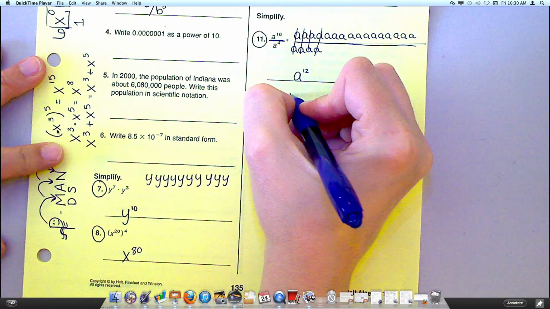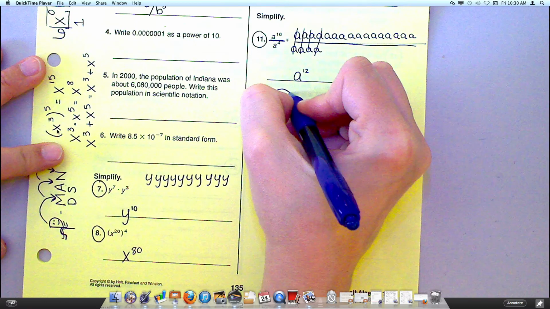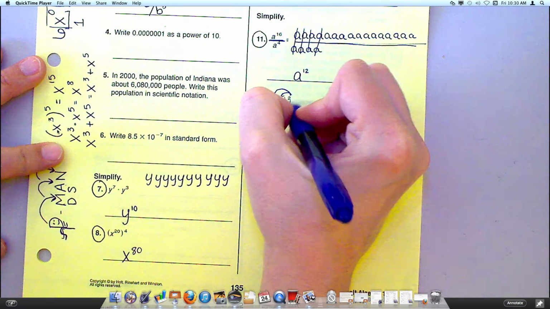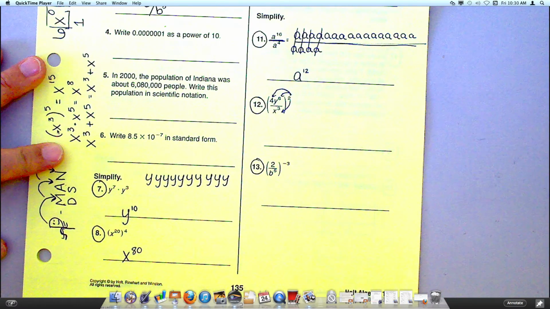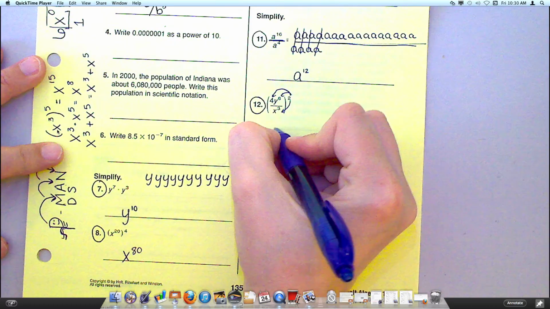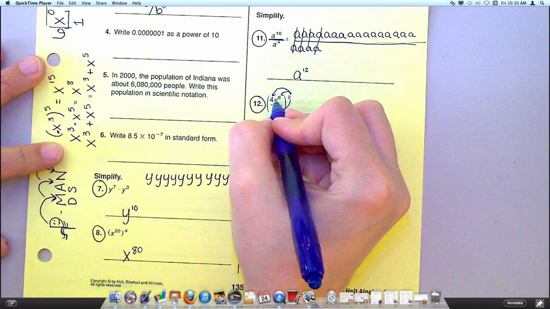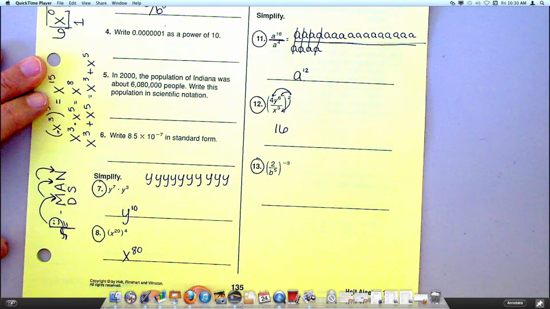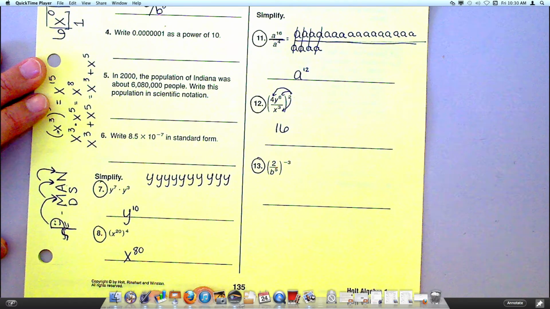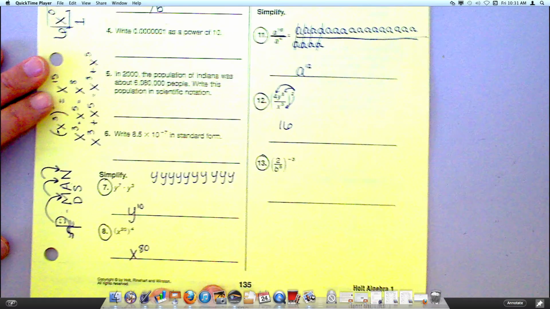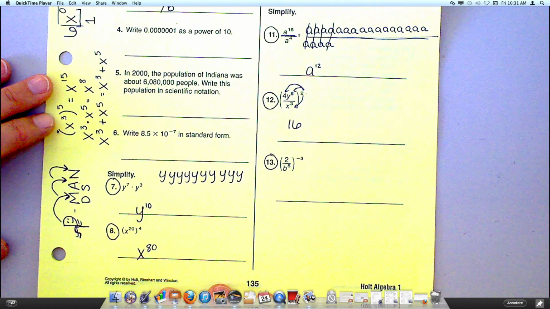But I want to square the 4, and I want to square the y to the 6th, and I want to square the x to the 3rd. So what's 4 squared? Not 8. 16. What happens if I take y to the 6th and square it? It's y to the 3. If you're raising a power to a power, you multiply.